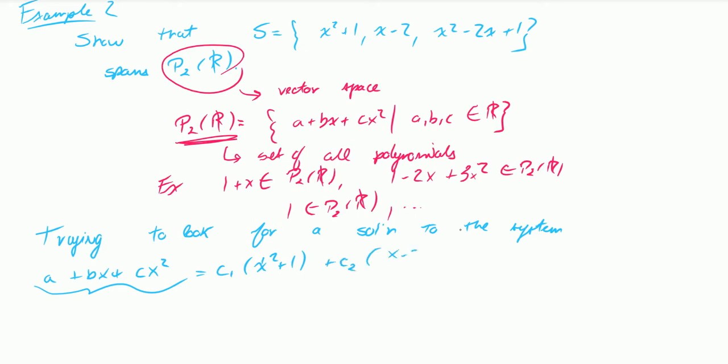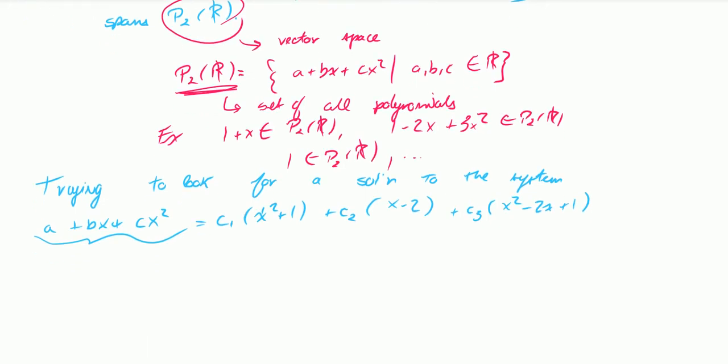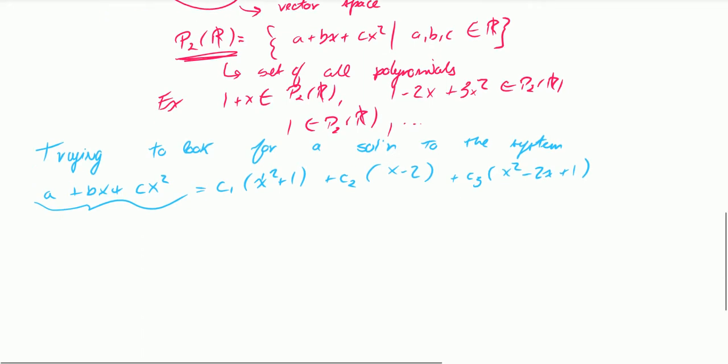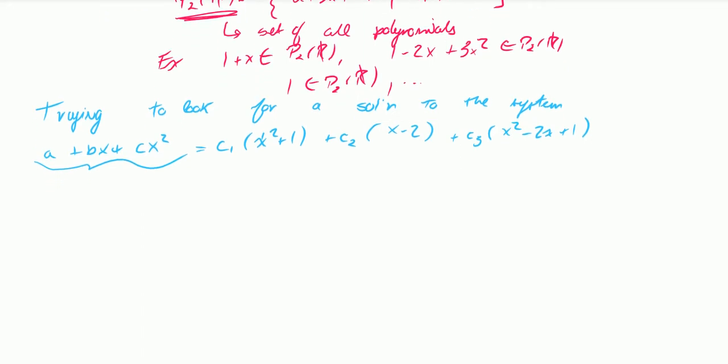So in other words, if it's equal to c1 times x squared plus 1, plus c2 times x minus 2, plus c3 times x squared minus 2x plus 1. So basically, I'm trying to see if this has a real solution. If you get scared that you have letters on this side and letters on this side, then just pretend that a, b, c are numbers.